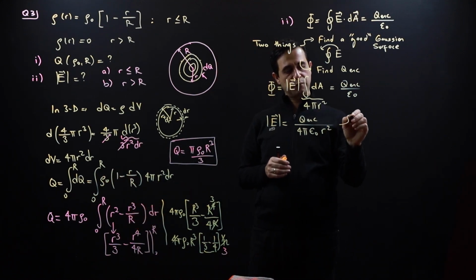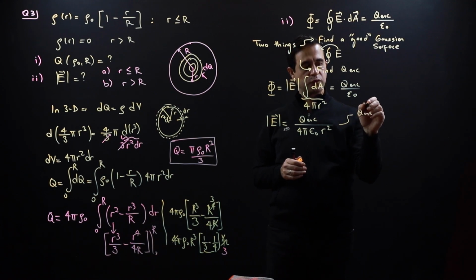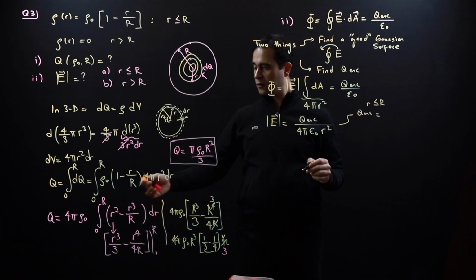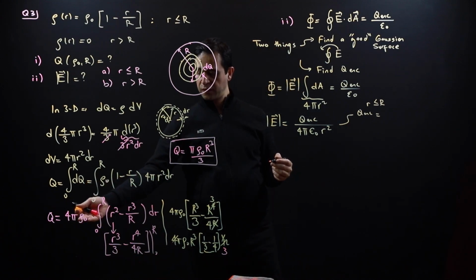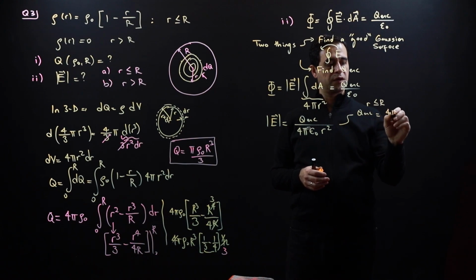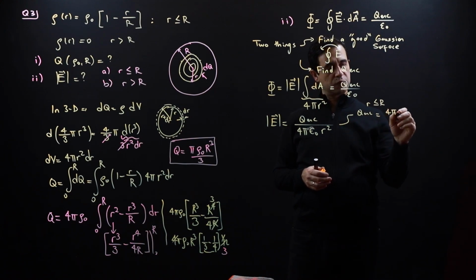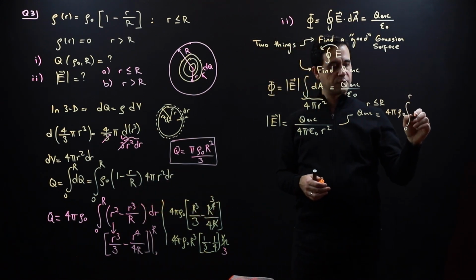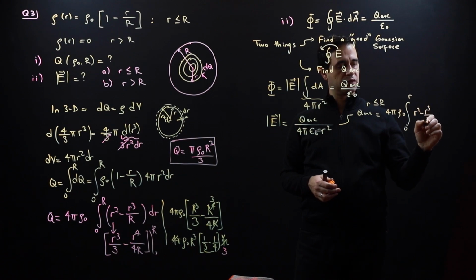This becomes Q enclosed for small r less than or equal to capital R, which is equal to this integral, 4 pi times rho 0 times all of that. So that's 4 pi times rho 0, integral from 0 to r, with all of that, capital R squared minus r cubed divided by R times dr.